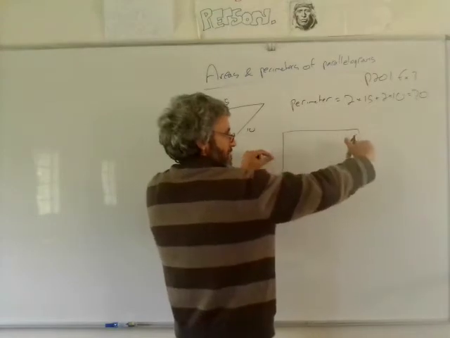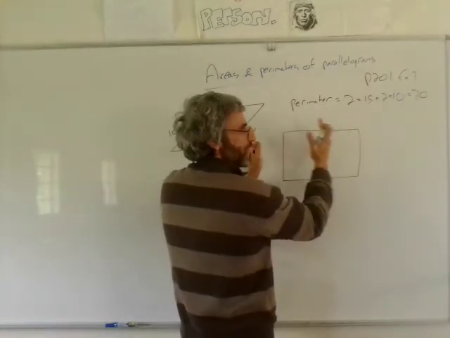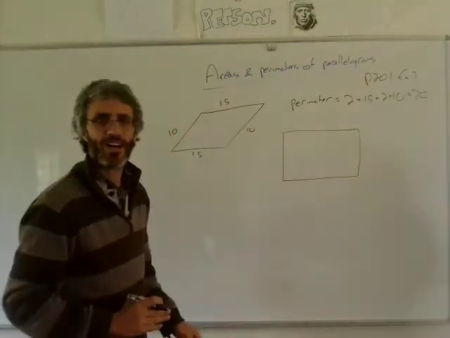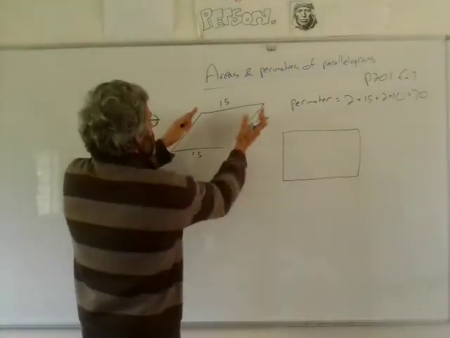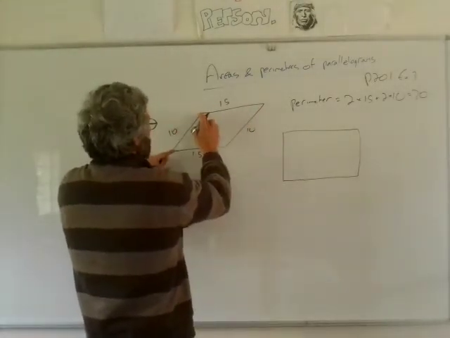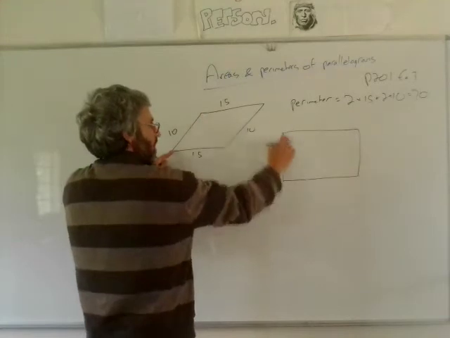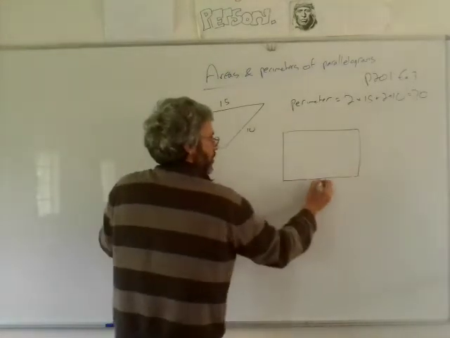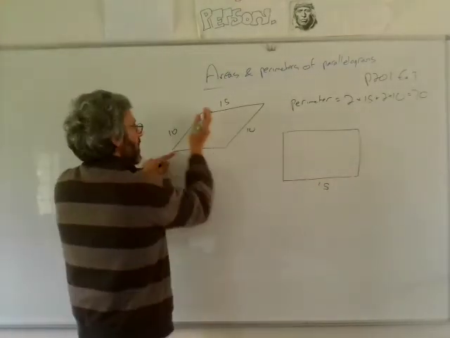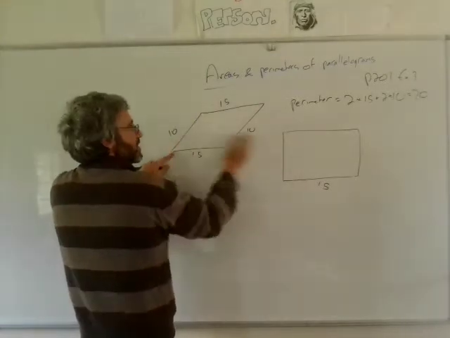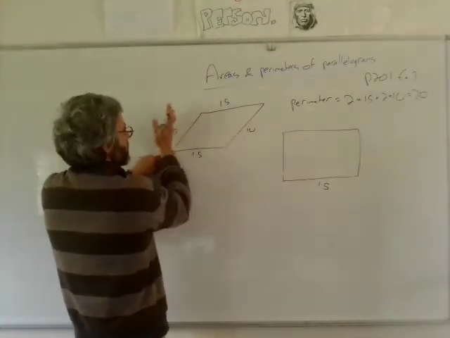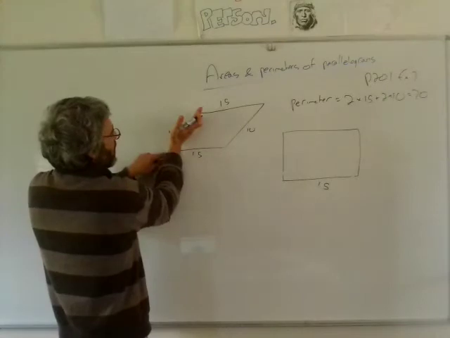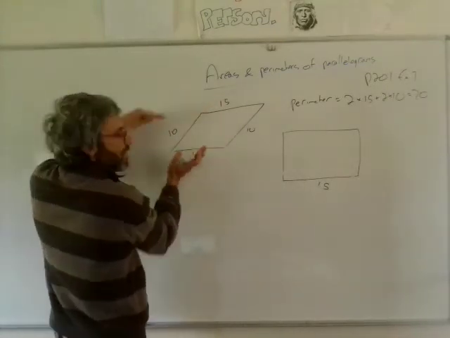Imagine you have a frame of wood, and you just punched it, and it got like this. So if you straighten it up, the length of this is still going to be 15, and the length of this is not going to be 10. This is going to be less than 10.